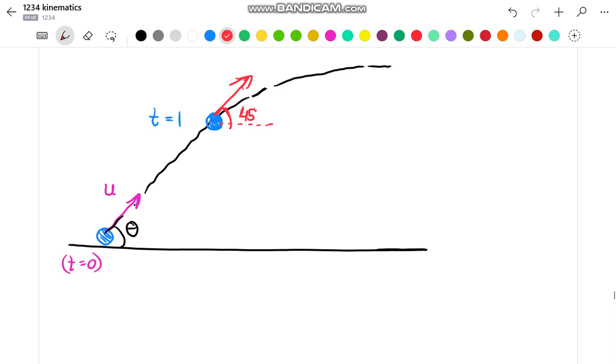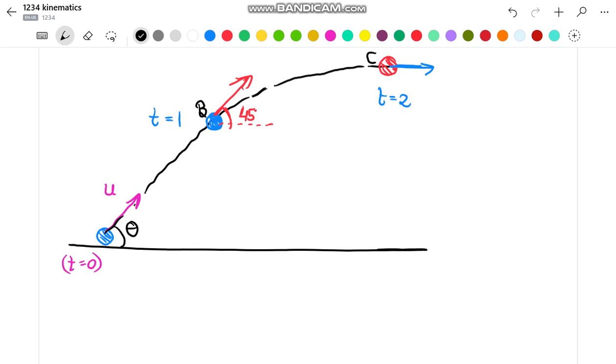And it is given that at t equal to 2 seconds, its velocity becomes perfectly horizontal. Now this question can be easily solved if we consider the motion of the particle from B to C, since in the vertical direction from B to C, the time taken is 1 second.